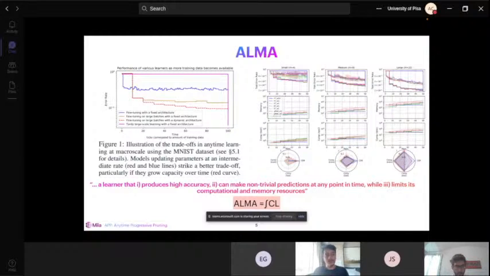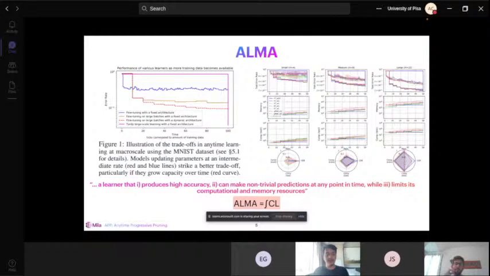So as the authors quote, the goal of a learner in ALMA is that it produces high accuracy, can make non-trivial predictions at any point in time, and limits its computational and memory resources. So this is really important to understand that we are not only concerned with the final test accuracy after training on the whole stream, but we are concerned with the performance of the model at any point of time during this stream.